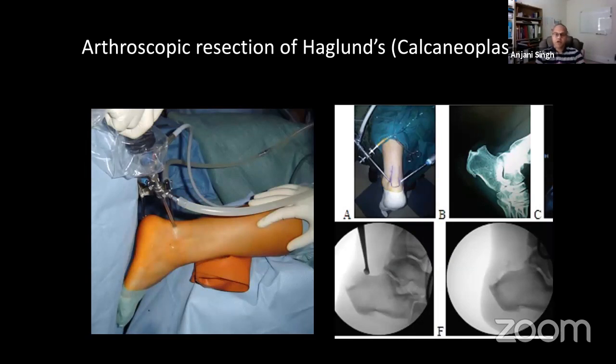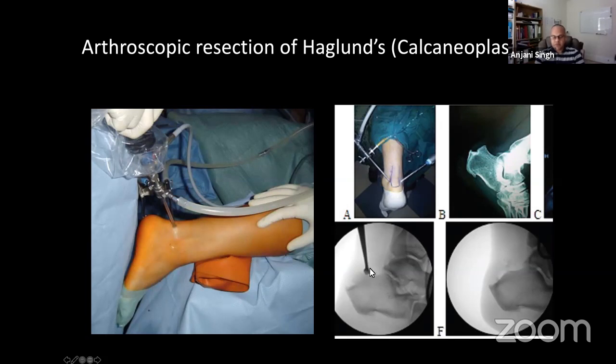So just moving on to the Haglund's, which is insertional, and you can see that's the prominence there. There have been some studies, and I tend to do that. I've not had a great deal of experience with this, but I have done a few resections, and you can do it in a prone position. You can see the scope goes in there, and you're pointing your scope looking at the retrocalcaneal space.